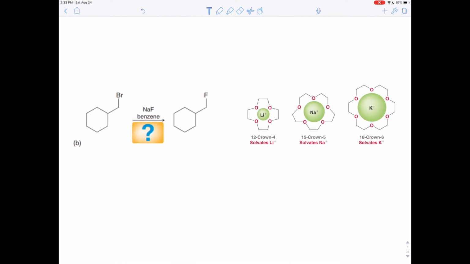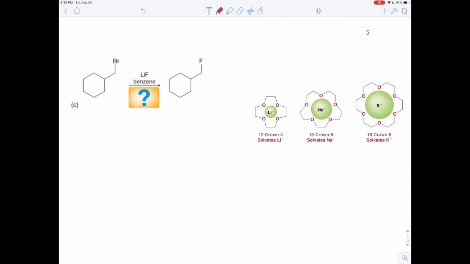In B, you need to steal away sodium, and the crown ether that's the perfect size to do that is 15-crown-5. So if you add 15-crown-5, it will steal away sodium, and the fluorine will be able to do that same substitution reaction to give you the product.